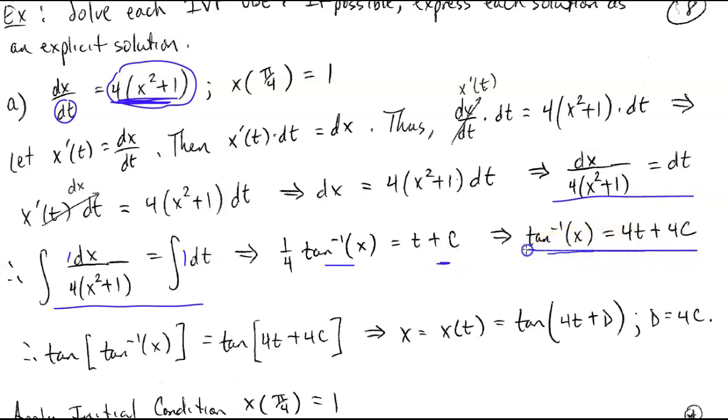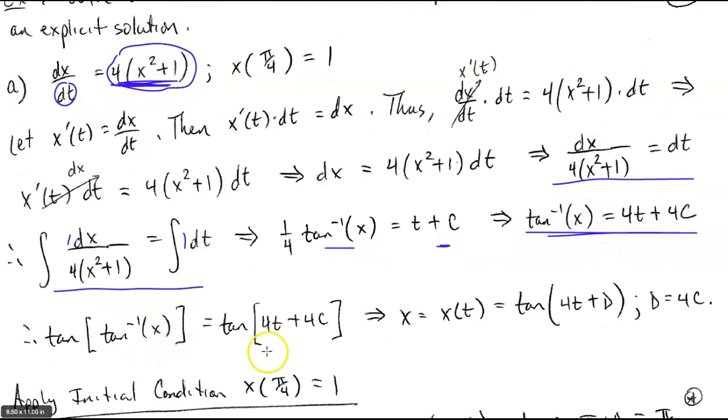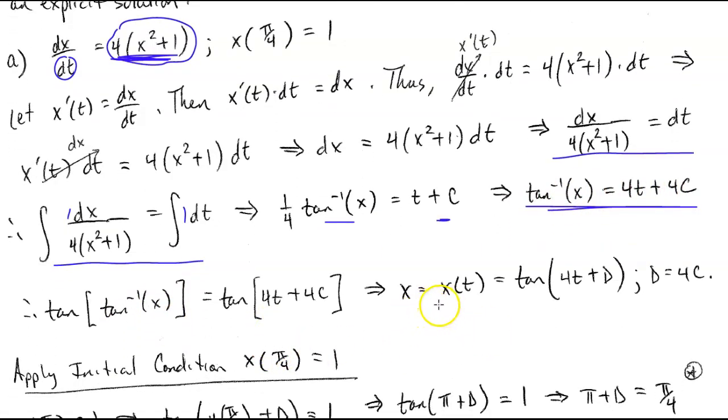And I get this particular equation here. And then of course, I could take the tangent of both sides to figure out what x is in terms of t. And so this is what I would end up with here. And the 4, I could actually distribute that, and that's eventually where this 4c comes from later.